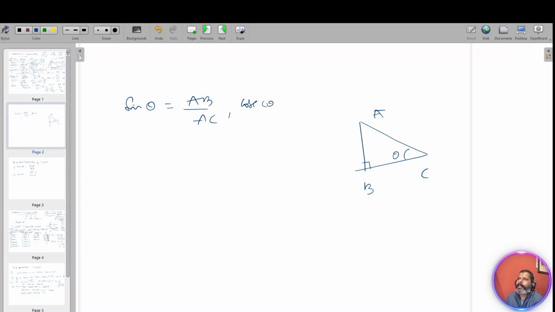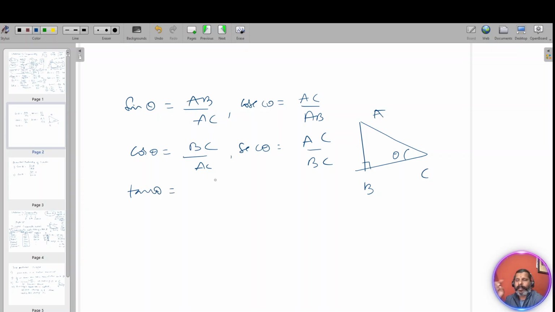Cosecant theta is the reverse, means reciprocal to that, hypotenuse by opposite. Cos theta is adjacent by hypotenuse, that is BC by AC. Secant theta is hypotenuse by adjacent, that is AC by BC. Tan theta is opposite by adjacent, that is AB by BC. Cot theta is adjacent by opposite, BC by AB.